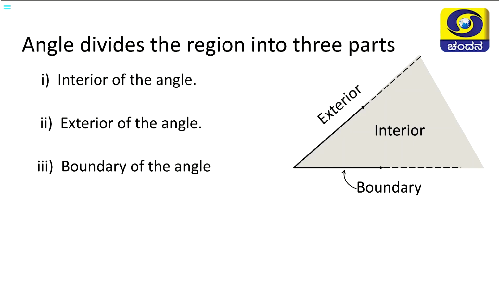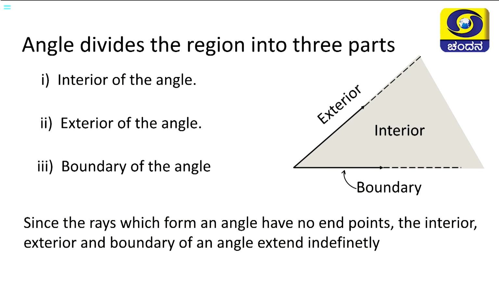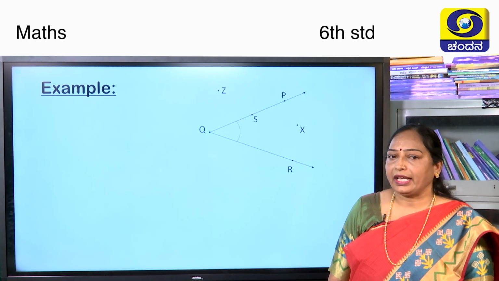Therefore, an angle divides the region into three parts: the interior of the angle, the exterior of the angle and the boundary of the angle. Since the rays which form an angle have no end points, the interior, exterior and boundary of an angle extend indefinitely.